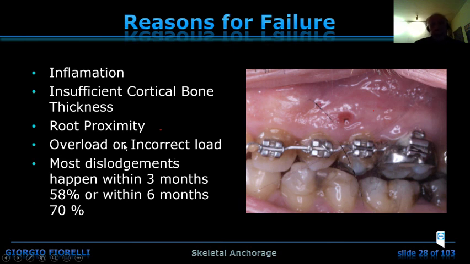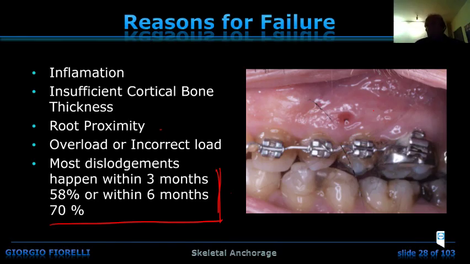The other thing is the incorrect load, because TADs, if the load is not too high, can sustain any kind of force but have problems with moments, and we'll discuss this in detail. One thing which is important is that if you lose a TAD, you're going to lose it soon. And why is this? Because probably one of the reasons for which you will have a TAD loosening, which usually is that you don't have enough cortical bone, is going to give its effect right away.